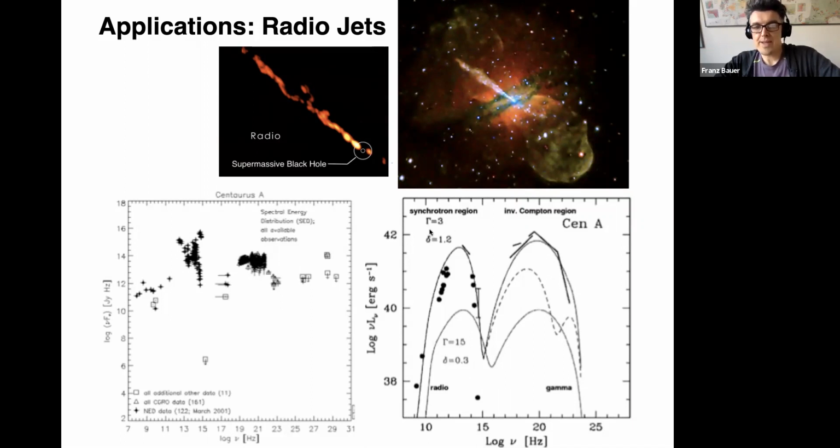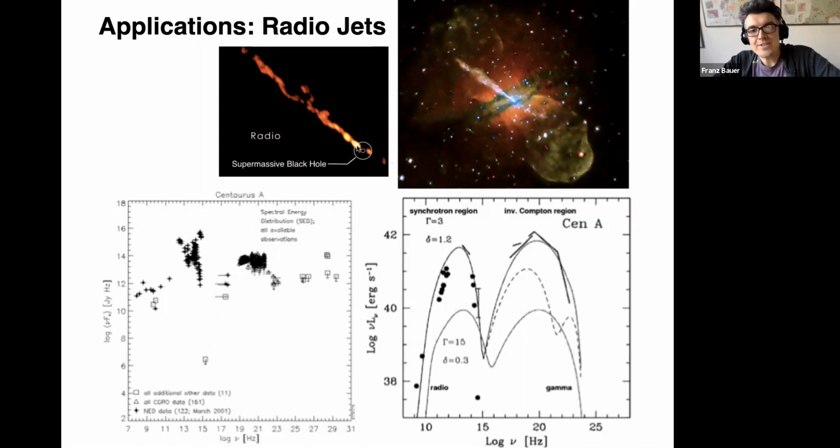This is gamma of 3 and a Doppler boost of 1.2. Right, so along our line of sight versus the intrinsic bulk motion of things. And this is what the actual spectrum looks like. So you have to take something which looks like this, and this is the model for it, right? And try and match that.